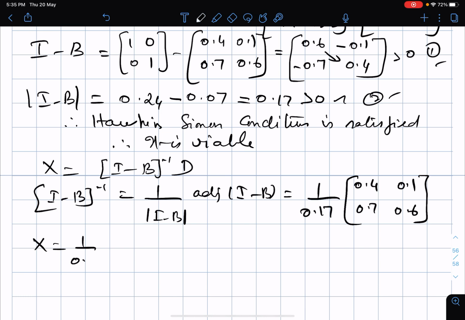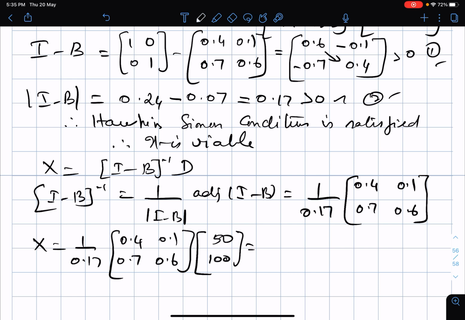So 1 by 0.17 into 0.4, 0.1, 0.7, 0.6 into our D, which is 50 and 100. When you multiply, you will get 1 by 0.17 into 200 plus 100, so 30 with a decimal. Similarly here 350 plus 600, so 95 with a decimal.